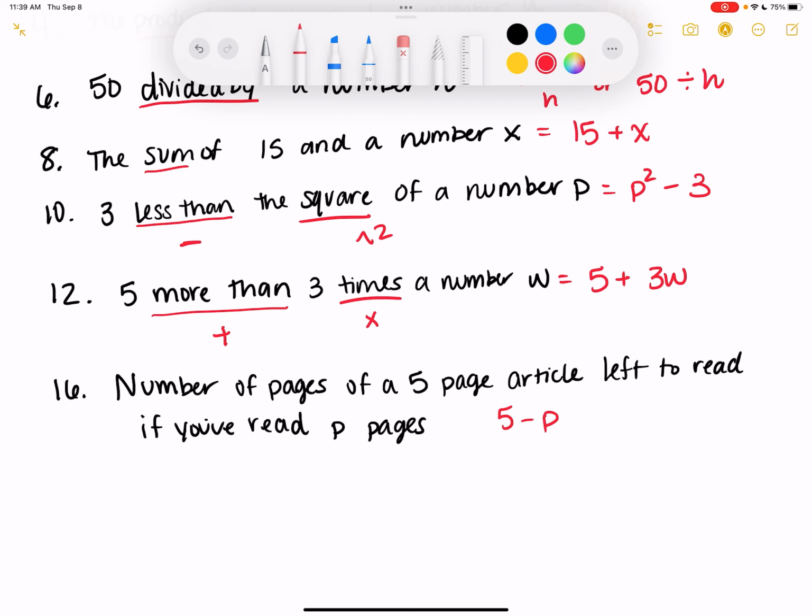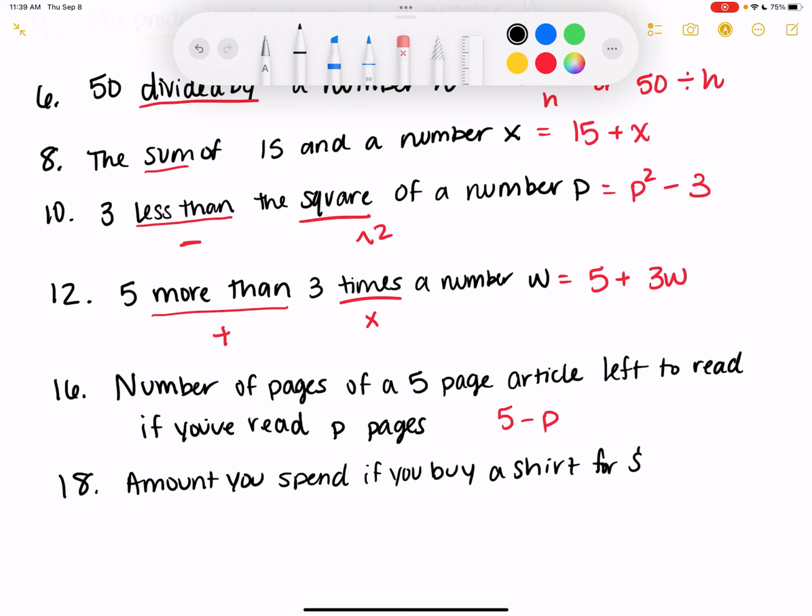Let's see. 18. Amount you spend if you buy a shirt for $20 and jeans for $J.